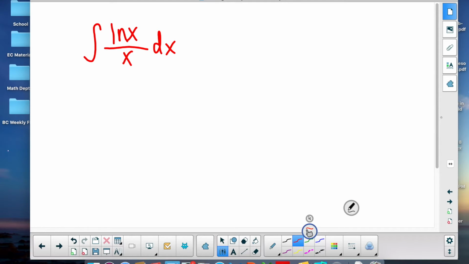It takes taking it outside of the process to actually integrate with it. So if there's a natural log of x in your integral, your u is always the natural log of x, no matter what.